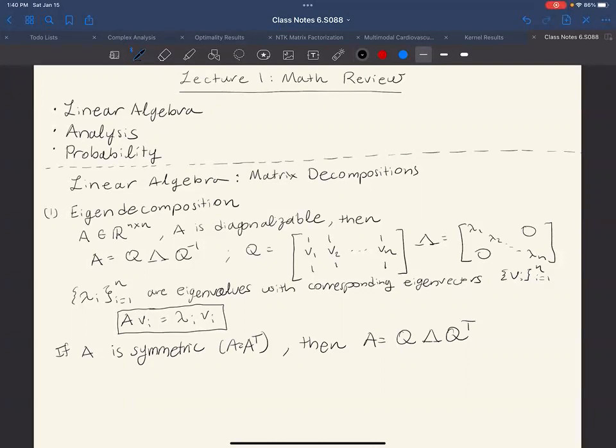But let's just give a quick example now of how the eigendecomposition is useful. So let's say we actually consider the case where we're considering matrix powers of A. So I'm just going to multiply, let's say, A with itself twice. So usually this will be a bit of a difficult computation to do if I'm just expanding out and computing all the products of entries of A. But with the eigendecomposition, this is quite easy.